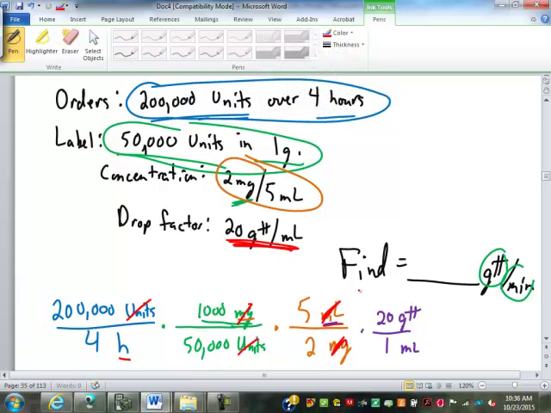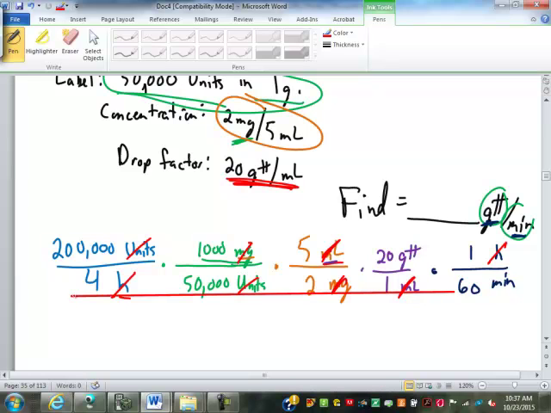So the milliliters are gone. So now I do have drops as my top unit, which is what I need in my answer. I need the bottom unit to be minutes. Currently it is hours. So I'll put hours on top going into minutes, and 1 hour is 60 minutes. So my hours cross cancel.